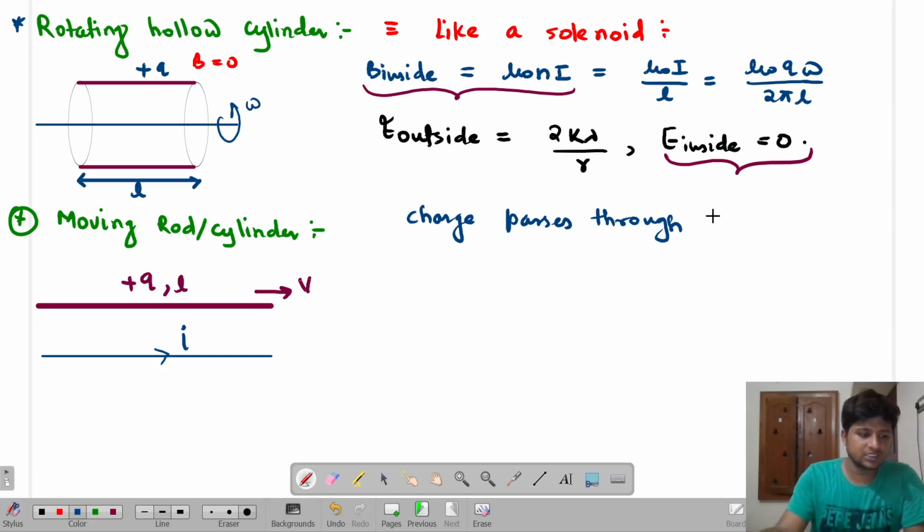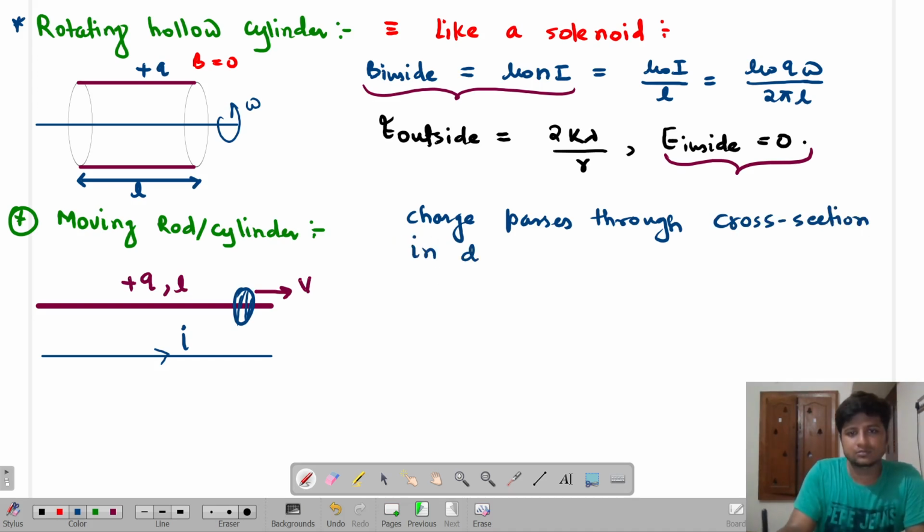Charge passing through the cross section, that means some amount of charge passes through some cross-sectional area, isn't it? Charge passing through the cross section in dt time is how much charge passes. Basically, it will pass dq amount of charge, isn't it?